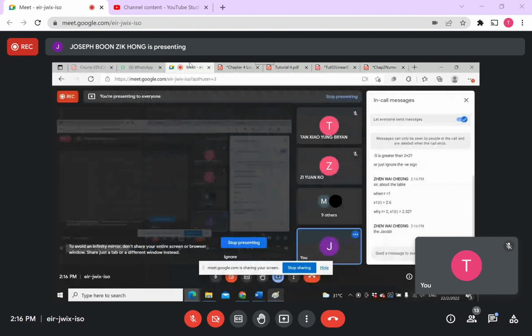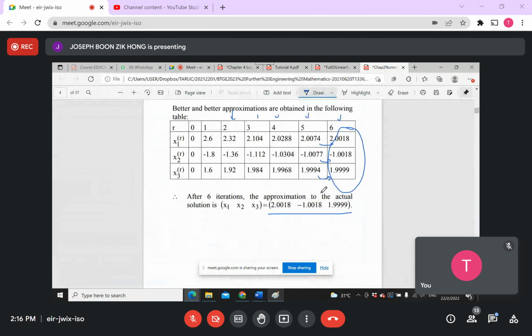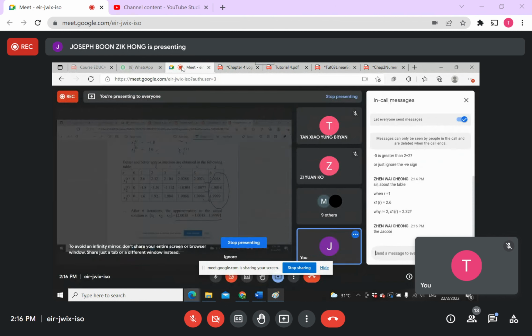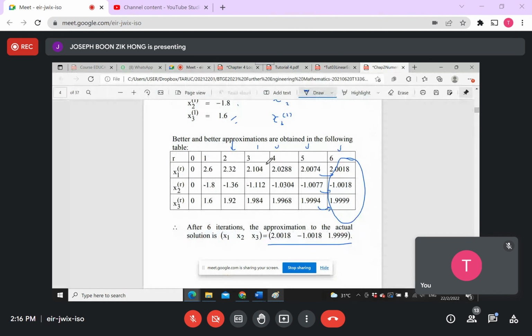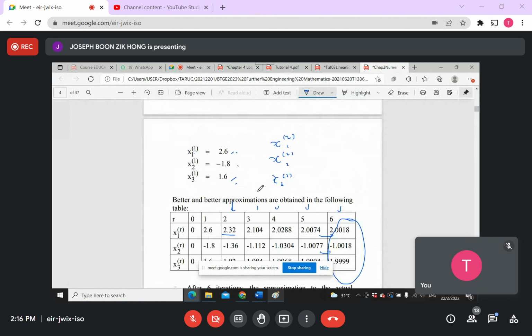You're not talking about the Gauss-Seidel. Okay, let's see the one at r equal to 2. Jacobi, let me see. You mean this one? X1,2 is 2.32. How do I get 2.32? I use back this one.